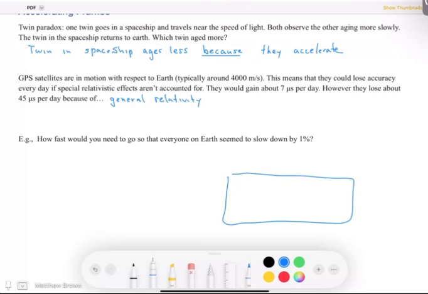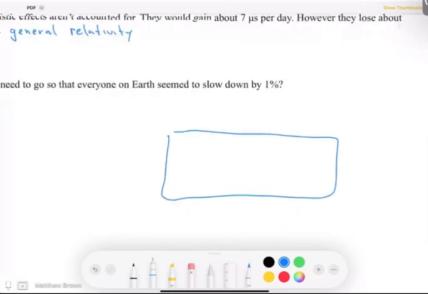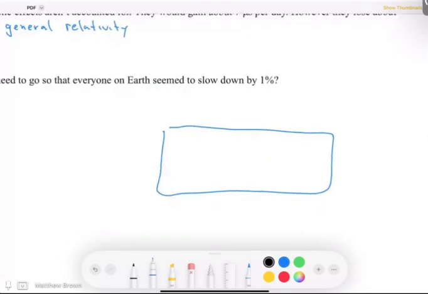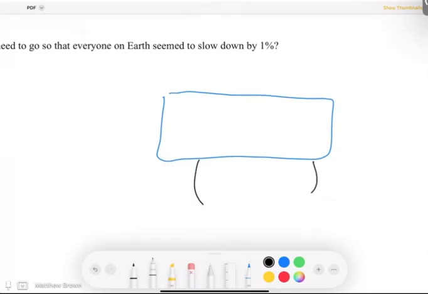Or maybe they just beam you to it. Maybe some advanced civilization has beaming technology, and they send you up to this spaceship, which has some rocket thrusters here, which I'm not going to be able to draw very well. This is a rocket thruster. There you go. Rocket.